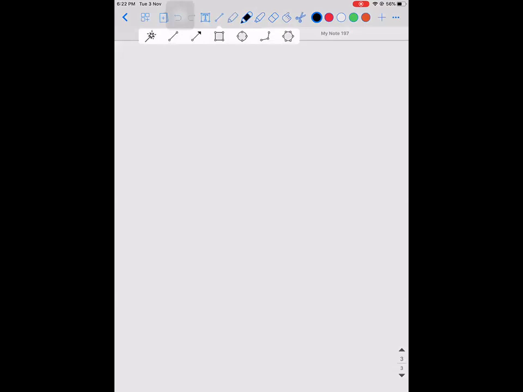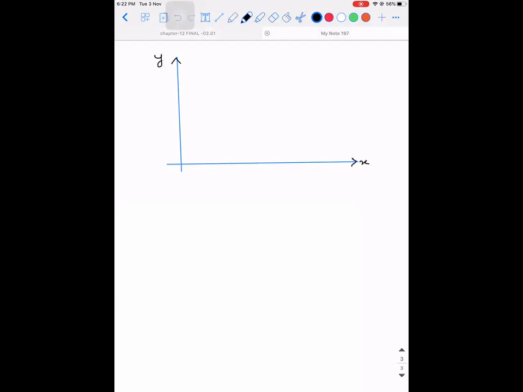See, X-axis, Y-axis, the point P (x1, y1) and Q (x2, y2). There are 2 points like this.